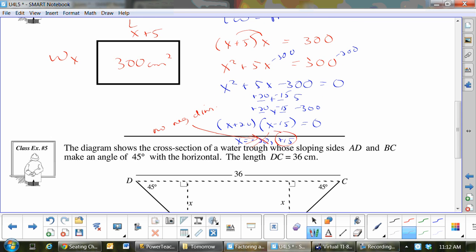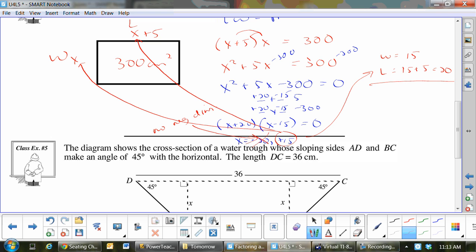So all I do is I put 15 in there and there. So what are my dimensions? What does my width equal? 15. Length equals 15 plus 5, which equals 20. Now, anyone read the question? What are they actually asking for? Perimeter. So I'm pretty close at this point.